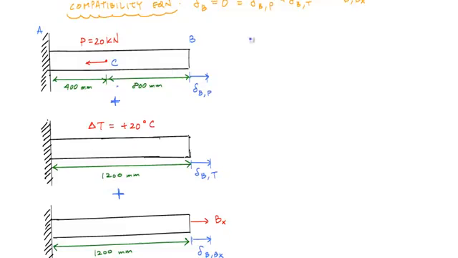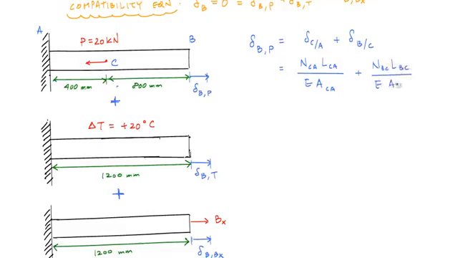And my relationship for delta, or the deformation at B due to that externally applied axial load, is just going to be the deformation of C with respect to A plus the deformation of B with respect to C. And if I look at this even closer, this is simply the internal normal force in segment CA, N_CA, times the length of CA divided by EA of CA, plus N_BC L_BC over EA_BC.